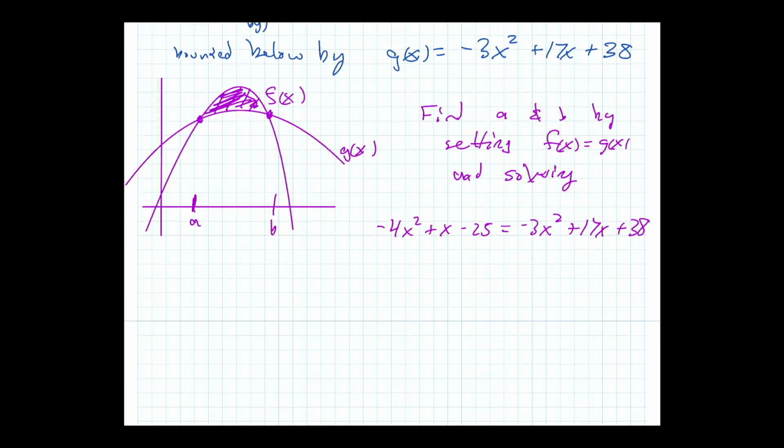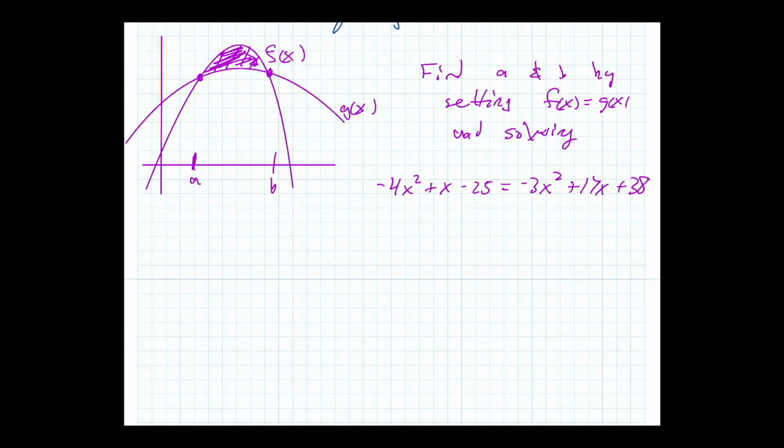All right. So move everything to one side. So we get 0 equals, and I'm just going to work it out in my head here. Negative 3x squared, and we're moving this over, so this will be plus 4x squared. So that'll be x squared. We have 17x. When we move this over, the x will go over as a negative x.